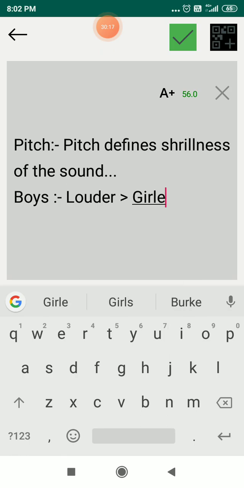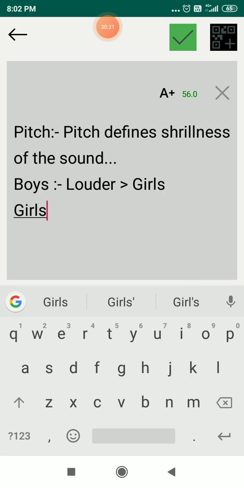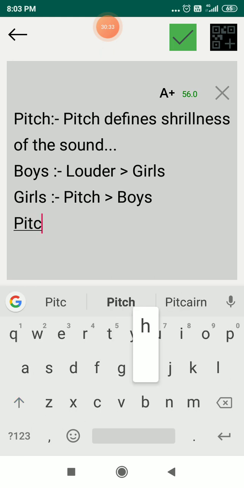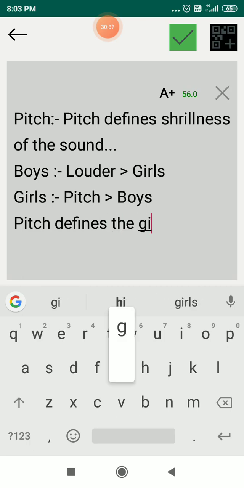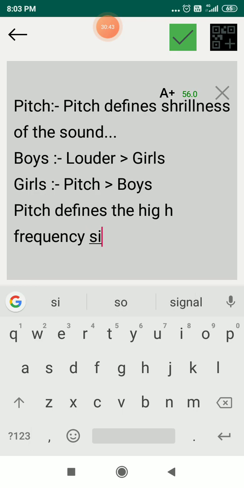But girls have a high pitch voice in comparison to boys. Now you might ask, what is pitch? Pitch defines the shrillness. Shrillness means it defines the high frequency sound.